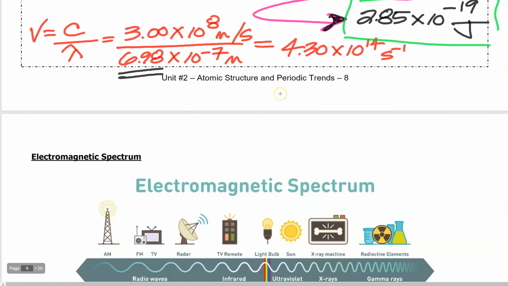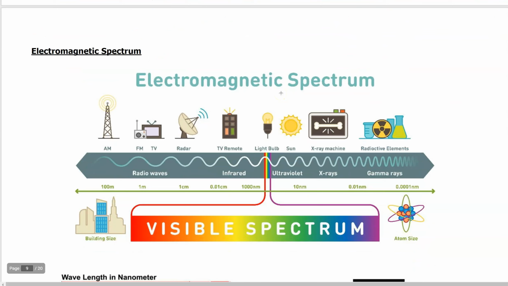Okay, so here we go, the electromagnetic spectrum. I touched on this earlier, but remember, this is the only part of the electromagnetic spectrum that we can actually see with our eyes, and that's just going to be the visible part. There's a lot more going on than just the visible part.